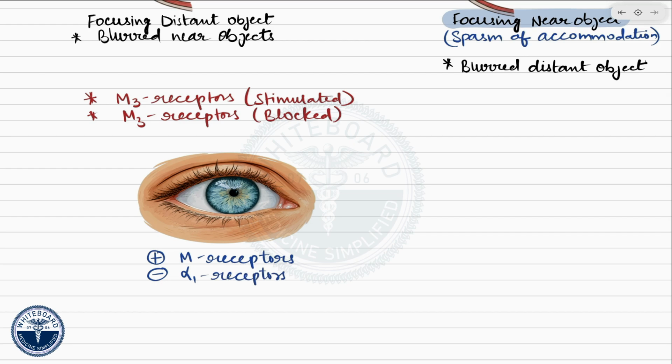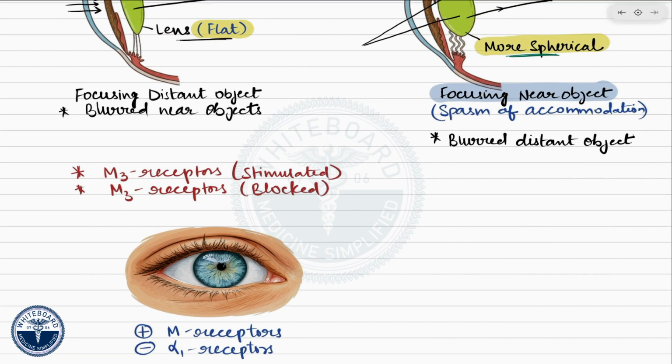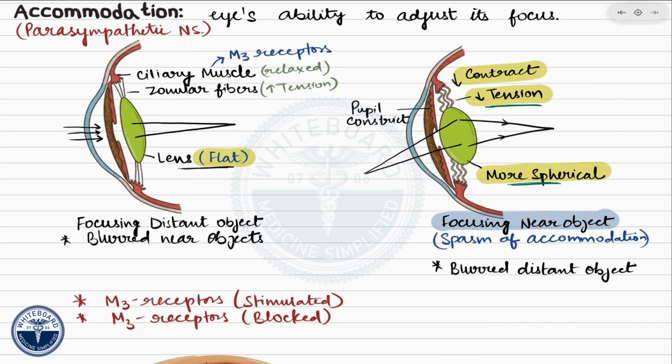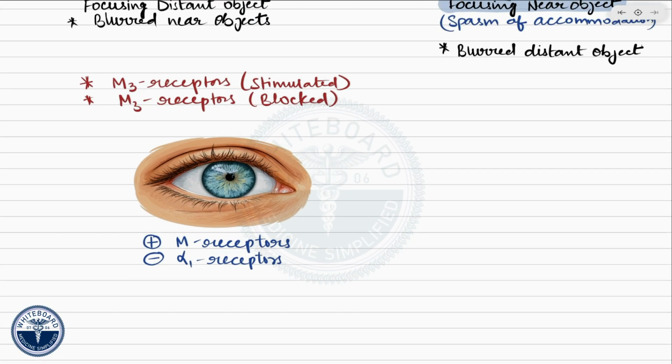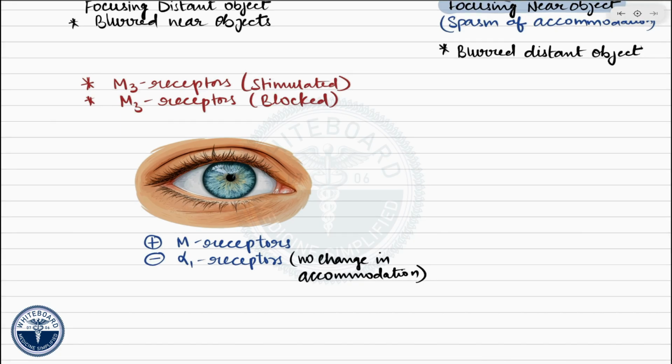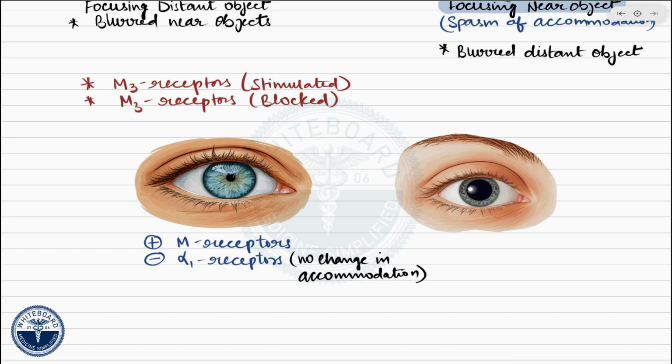However, if the miosis is accompanied by accommodation for near vision, meaning the patient can see nearby objects clearly but distant objects appear blurred, then the cause must be muscarinic stimulation. On the other hand, if miosis occurs without any change in accommodation, then an alpha-1 blocker becomes the more likely explanation.